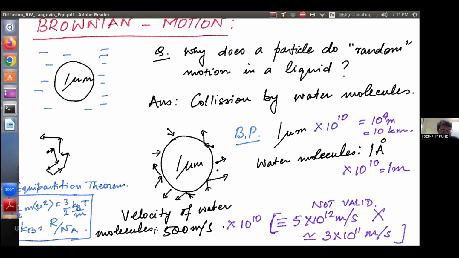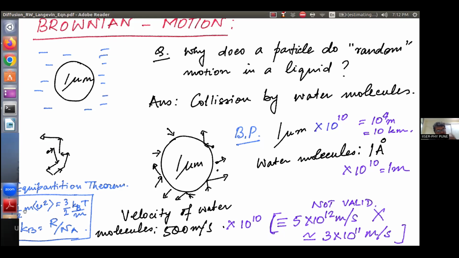How can you get this number? This is the order of magnitude. You can just put in half mv square. So the equipartition theorem is all that I'm using. Remember, whatever the interaction, the equipartition theorem holds. So half mv square, the average kinetic energy of a water molecule, will be equal to 3 by 2 kBT.